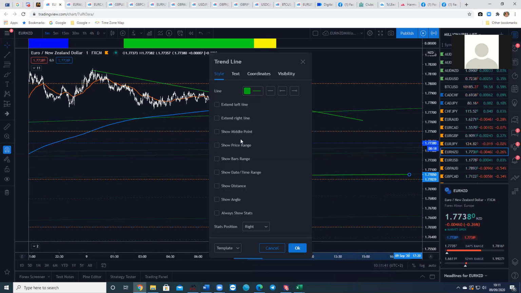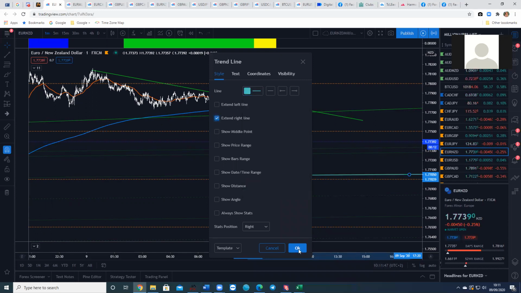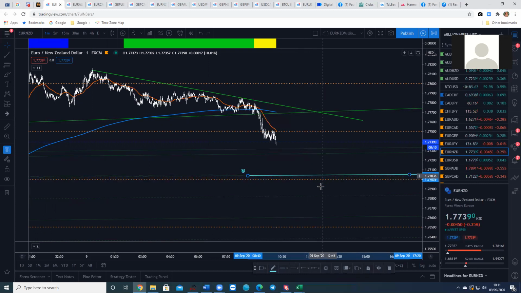And I always like things in the same color, because then your subconscious brain doesn't have to think about what all the lines are that you've drawn. I know my pale blue are always alerts, so I know what to do even if I haven't looked at this for hours when the alert goes off.